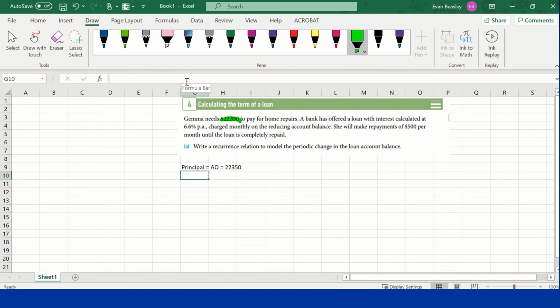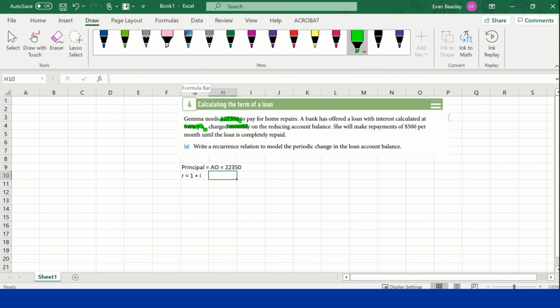We need to know our growth rate. Our growth rate, remember, is 1 plus the interest rate, so it's 1 plus I. That interest rate has to be calculated. It says 6.6% per annum, but it's charged monthly.